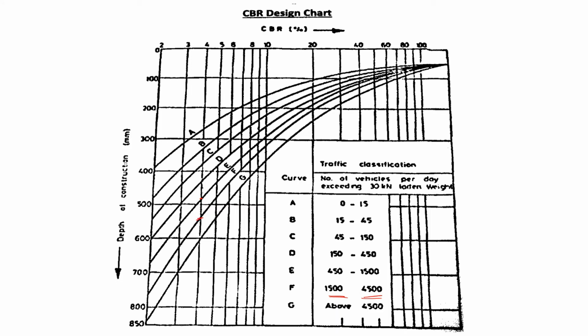F is here, so corresponding to 4% we get the thickness of the road as 550. So the total thickness is 550 mm. Look at the CBR percent, then the curve, and just take the value corresponding to 4% from this curve; we take this value from the x-axis.